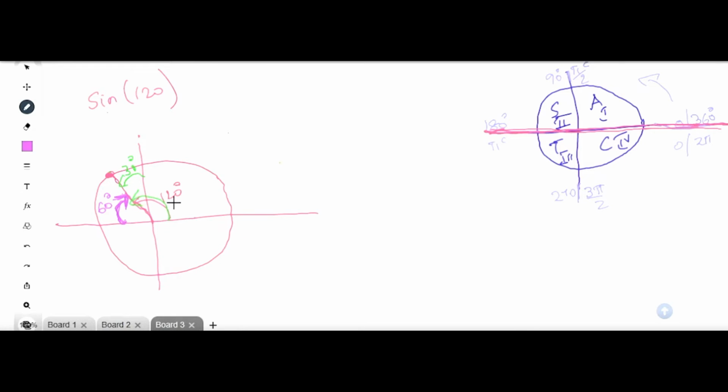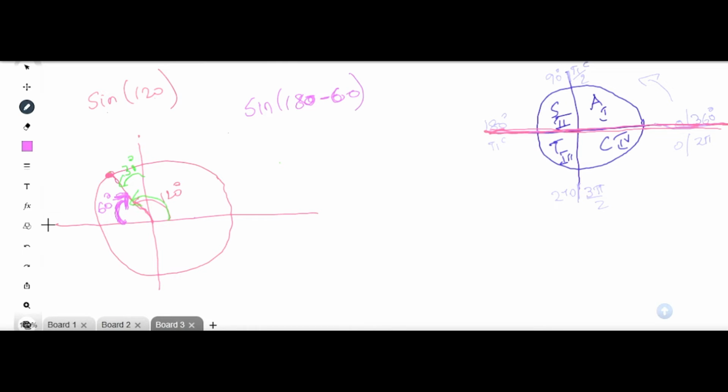The reason why I'm telling you about this travel is that if you are coming from 180 to 120, you're doing sine of 180 minus 60. Both mean the same, since 180 minus 60 is 120.